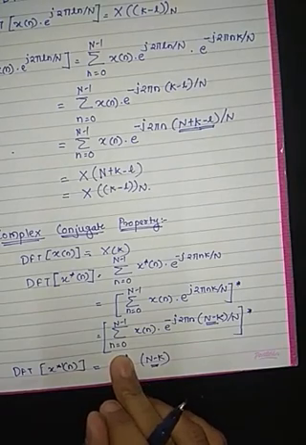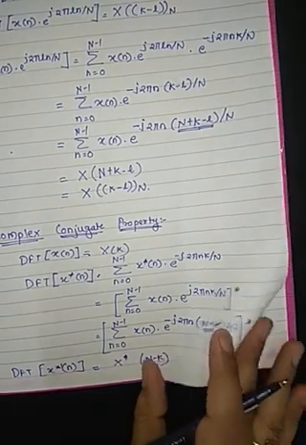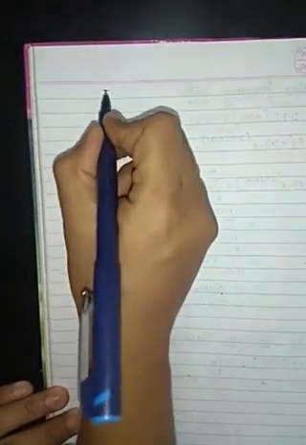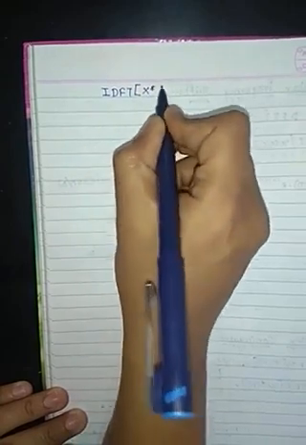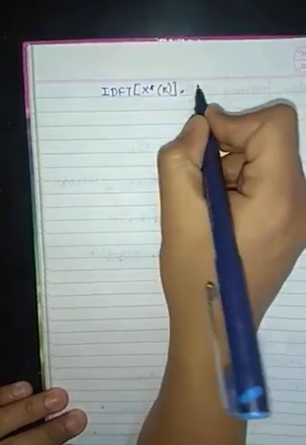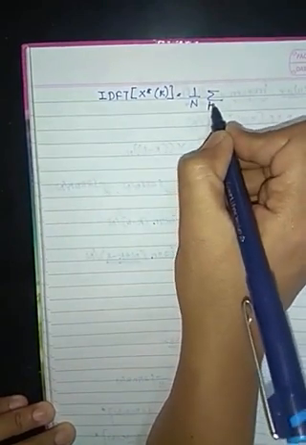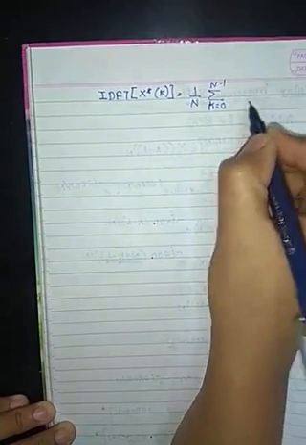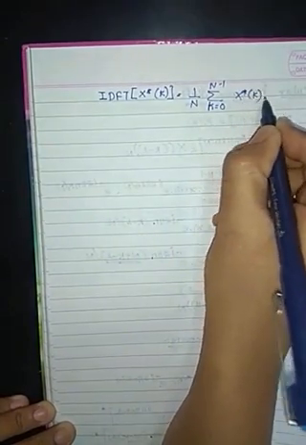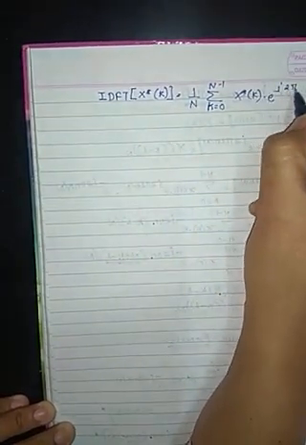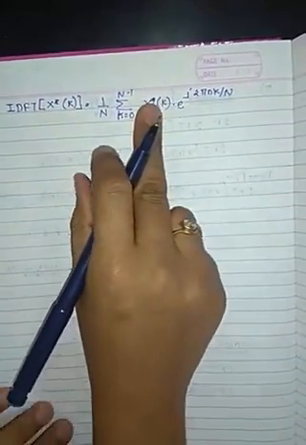Now what about the IDFT, the inverse discrete Fourier transform? In that case also we can prove the complex conjugate property. It states that the IDFT of X complex conjugate of k is given as 1 upon N times the summation from k equals 0 to N minus 1 of X complex conjugate of k into e raised to j 2 pi nk divided by N, according to our equation of IDFT.